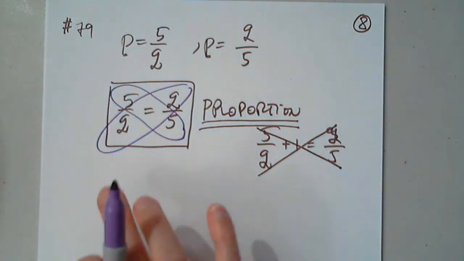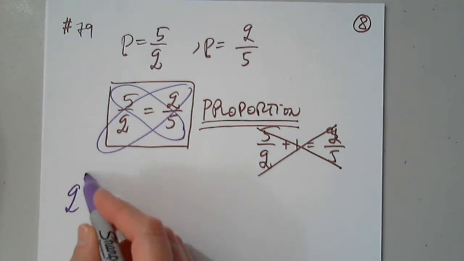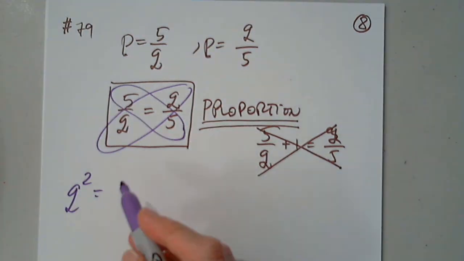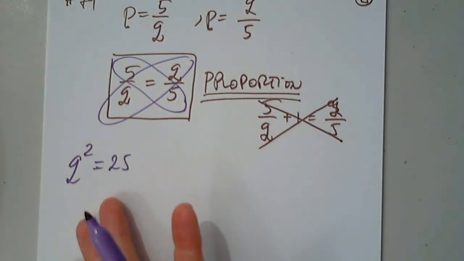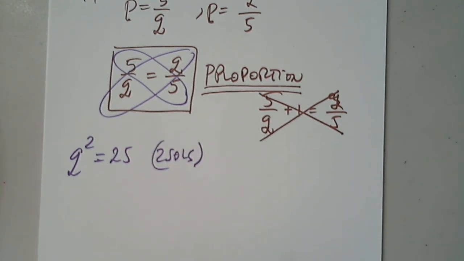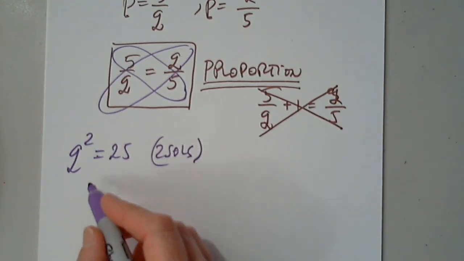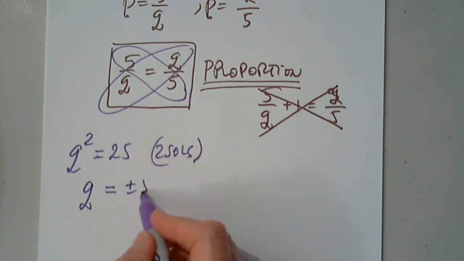How much is Q times Q? Q squared. Very good. How much is 5 times 5? 25. Good. We know that this is quadratic. It has to have two solutions. So what are the two solutions in this case? If you move and factor or take square roots, please give me two solutions. Negative 5, 5. Very good.